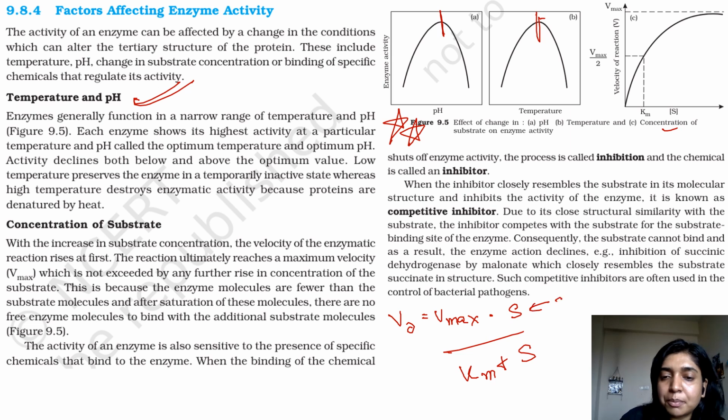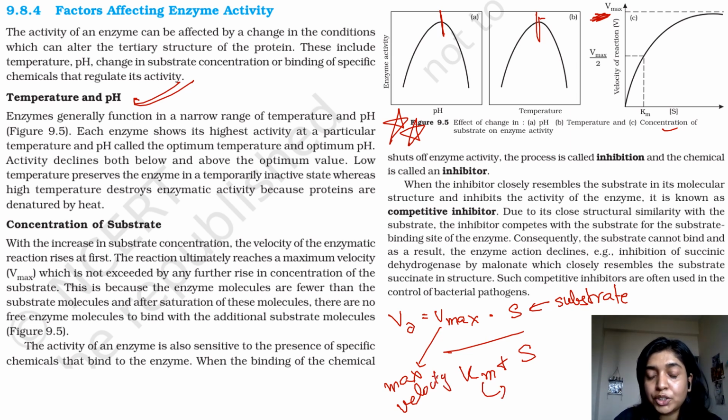Here, S is your substrate concentration, how much substrate you are putting. Vmax is the maximum velocity of the reaction. And Km is the affinity of your protein towards the substrate.